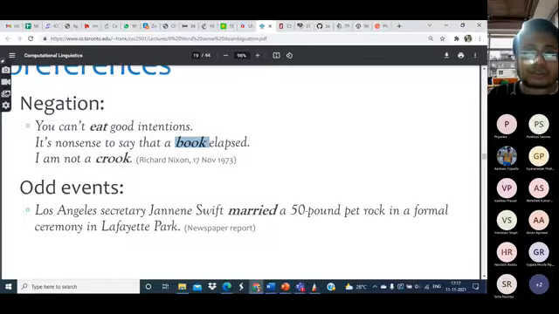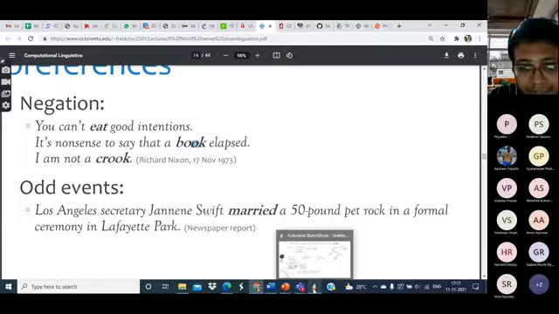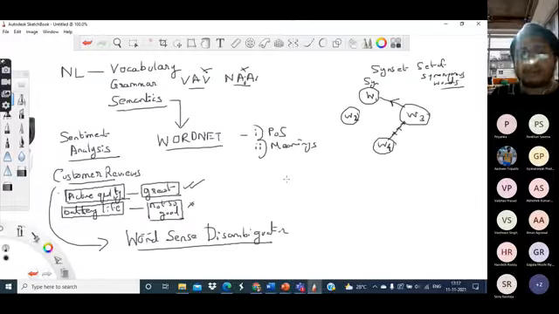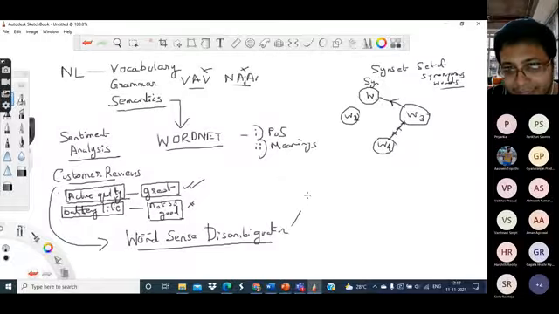Now in some situations this might be an easy problem. It is an easy problem, especially if the word has only one meaning. Those words which have a single meaning, or single-sense words, can be easy.